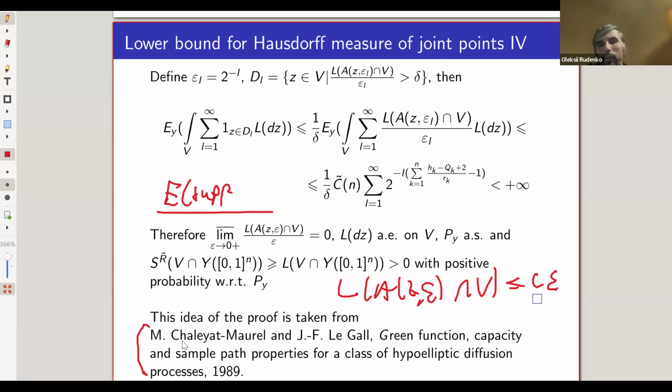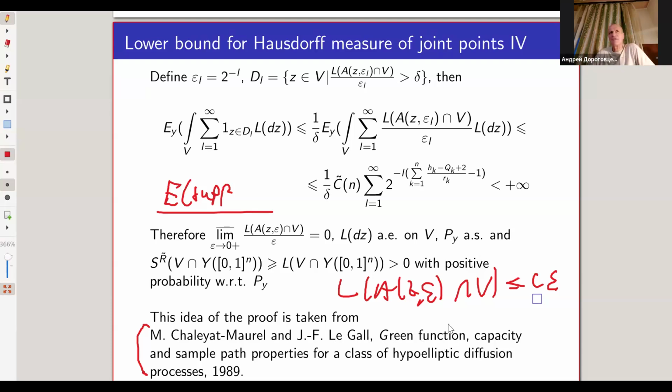Maybe if I look again in this paper, they did a lot on this hypoelliptic diffusion, and not just in this paper. They had another paper too. Legall had two more papers, I believe, on a similar topic. But for hypoelliptic diffusions, I did not see any other papers except those of Legall.